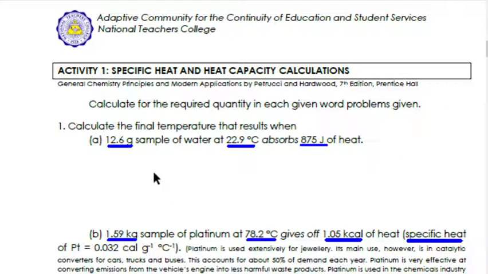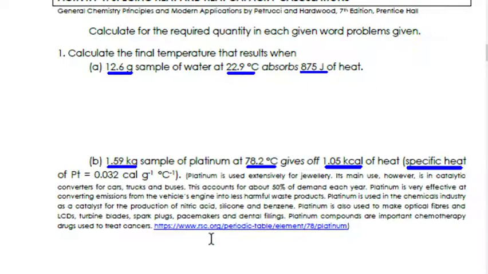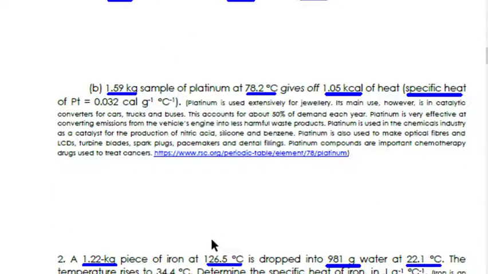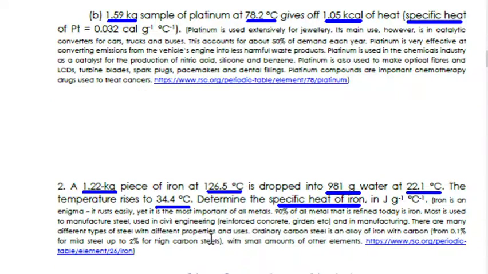So I have underlined the given values. And for number 2, you have to equate the heat of iron and heat of water. You just have to consider which has the negative sign.